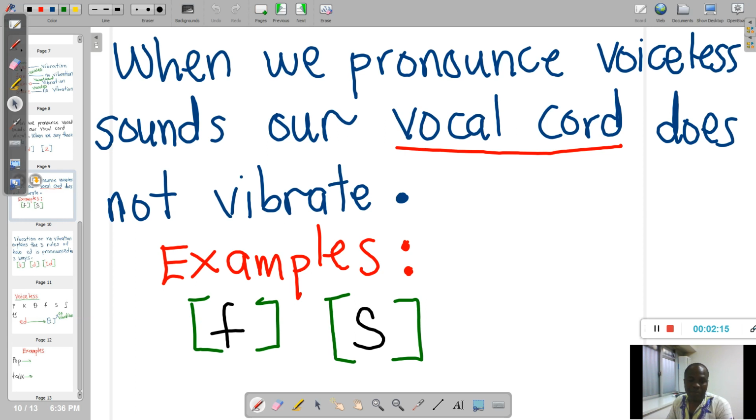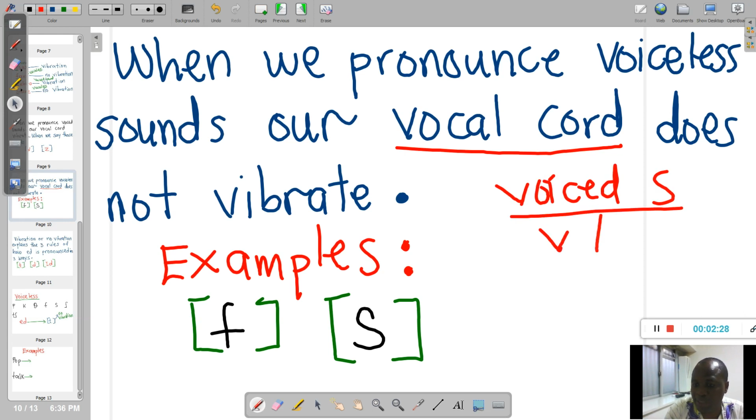our vocal cords do not vibrate. That's the opposite. Let's look at examples. When we talk about voiced sounds, we look at V versus Z, and when you pronounce these sounds, you can feel the vibration. Now we are looking at voiceless, the opposite.